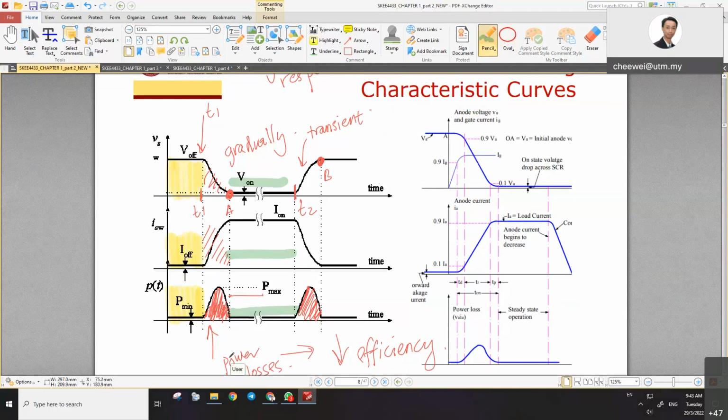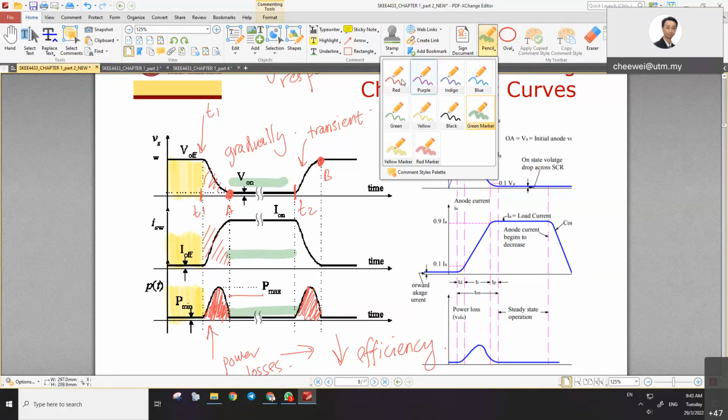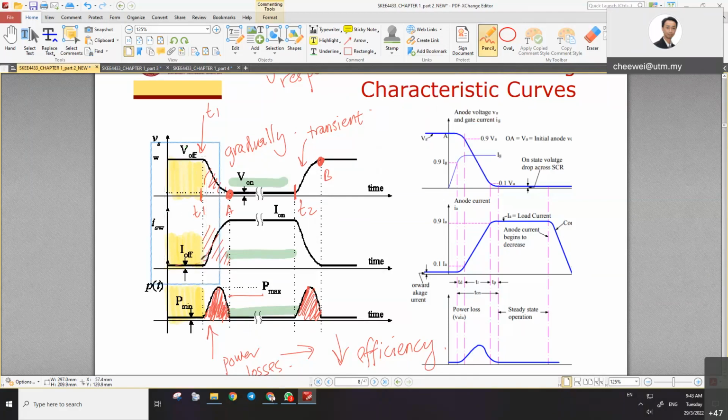What happened? I turn on the switch, isn't it? Immediately when you turn on the switch, does the current flow to the steady state instantaneously? No, it doesn't happen in real life. The current will go up slowly, like hiking, until it reaches the steady state here.